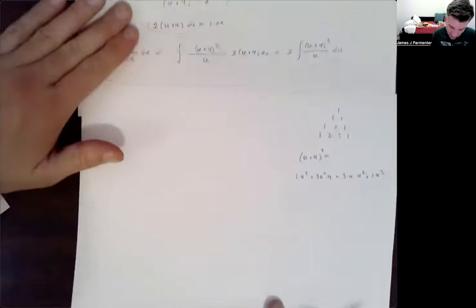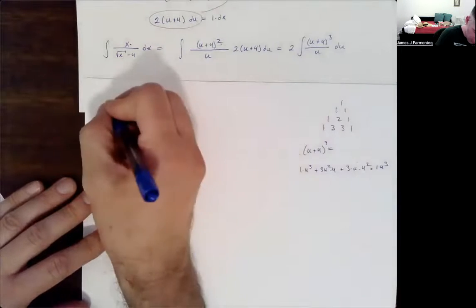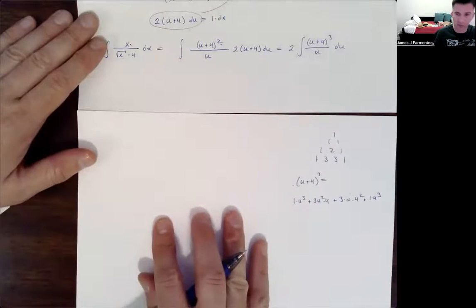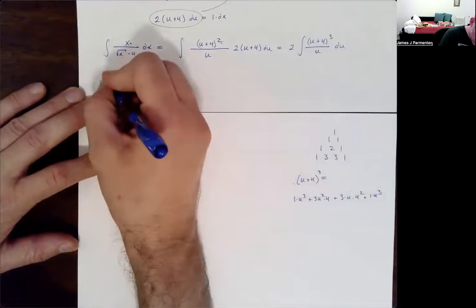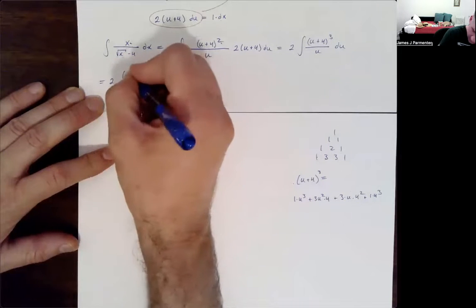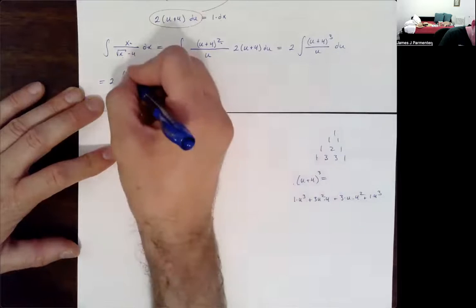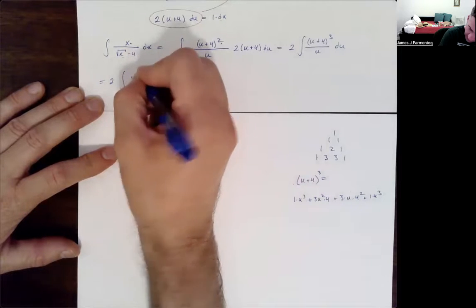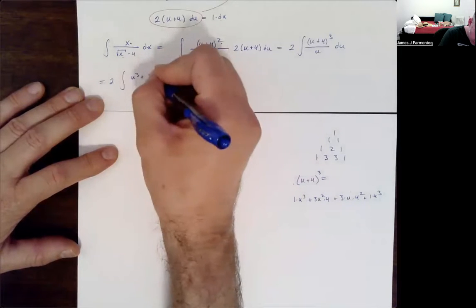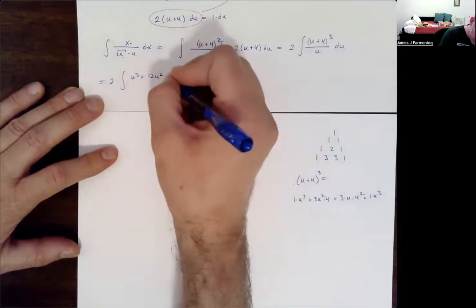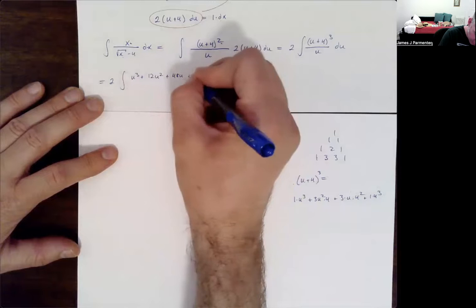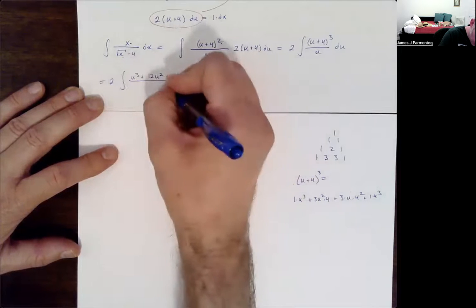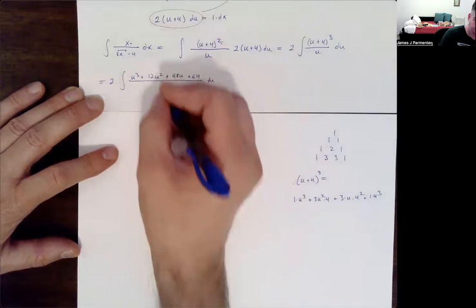So now our integral is going to equal 2 times the integral of, let's see, u cubed plus 3 times 4 is 12u squared plus 3 times 16 is 48u plus 4 cubed is 64, all divided by u. And then we divide each thing by u.